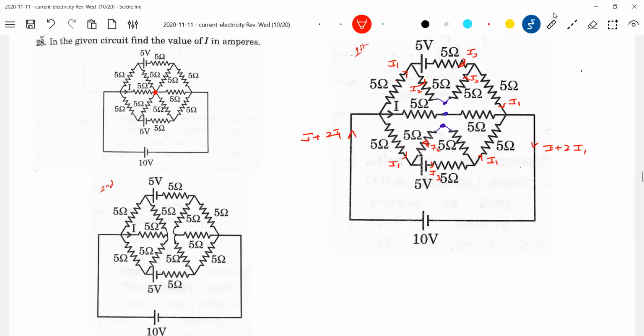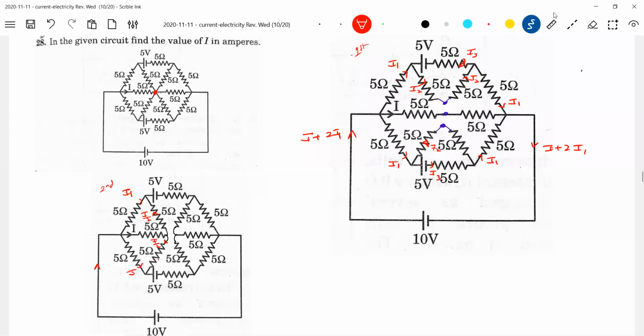Another student also will say, sir, I'll also distribute the current. What is there in distributing current here? We can distribute current here also. So the total current here, we'll take I1 equally. So this will be I by 2, I by 2. I have space only this much, so I'm writing like this.